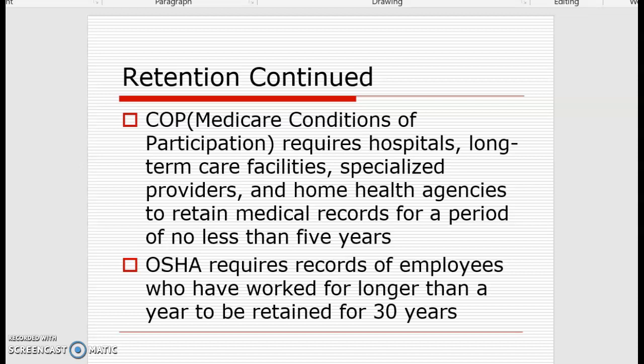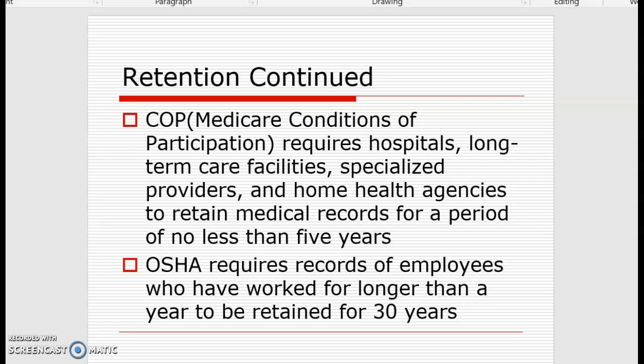It requires hospitals, long-term care facilities, specialized providers, and home health to retain their medical records for a period of no less than 5 years. So they have to have them at least 5 years. Once again, if they do less than that, keep in mind, they possibly won't be paid for any Medicare patients coming to the facility.